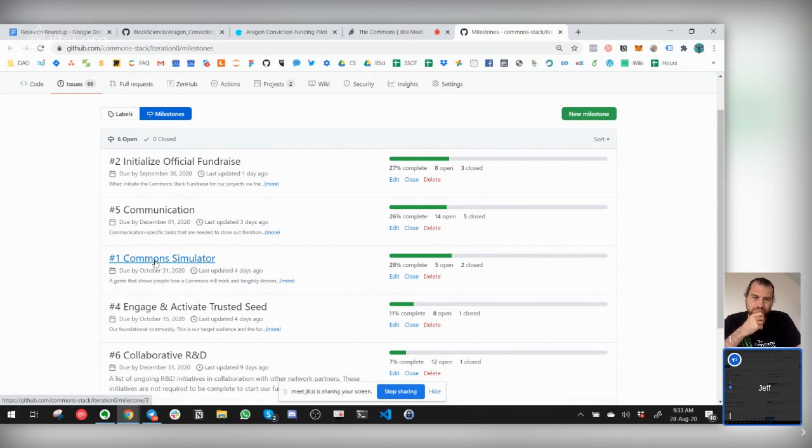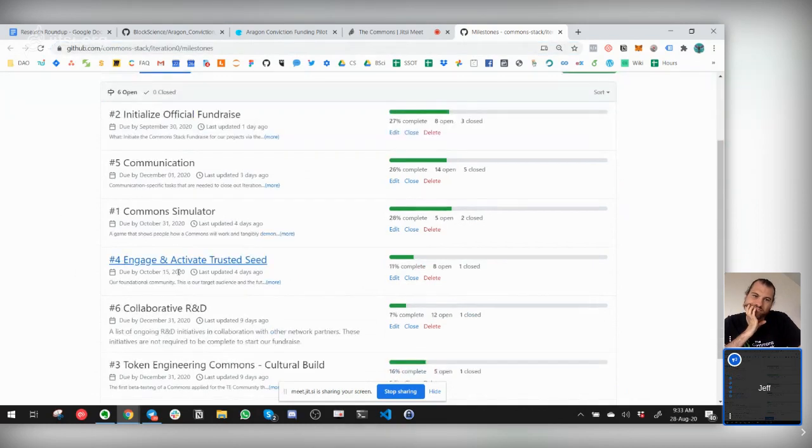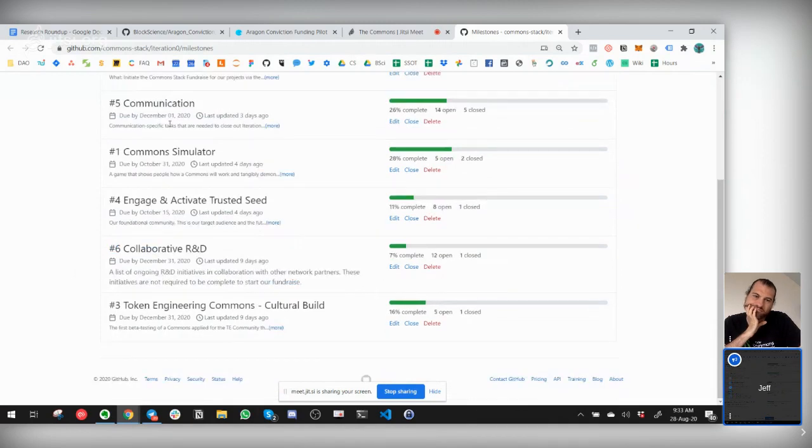It can bring the use of a CAD model into the understanding of the end user with story, narrative and graphics. So you can come to the Common Stack /iteration 0/milestones and see all of the big projects we're working on at the moment.